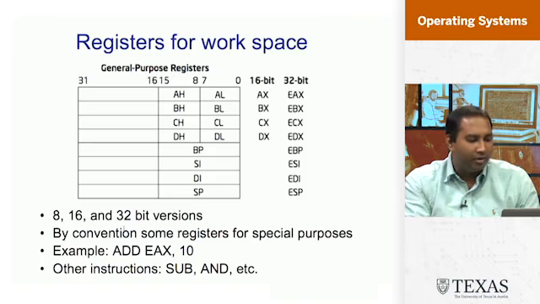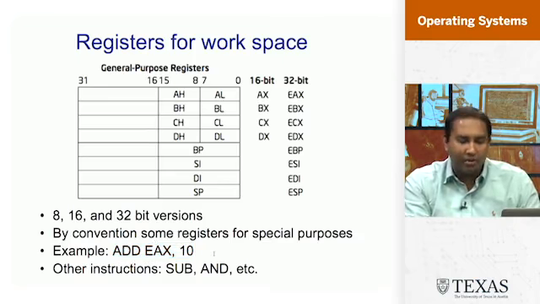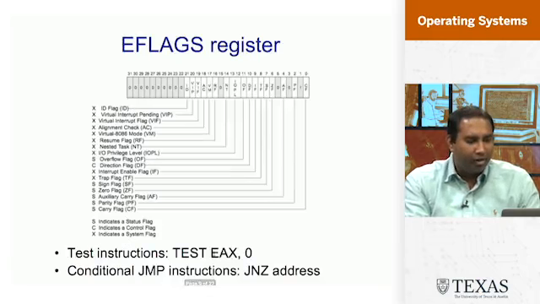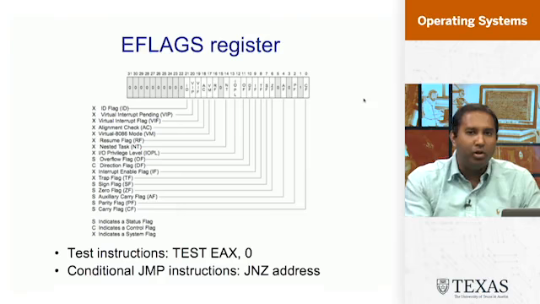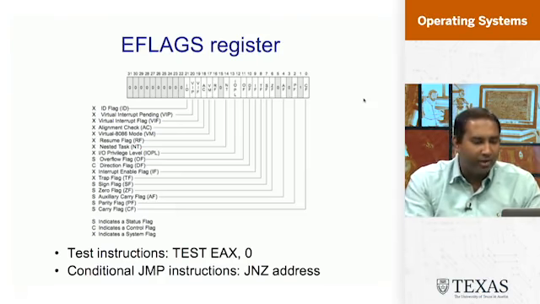For example, in this particular instruction, we have add EAX 10. What that instruction means is add 10 to whatever is in register EAX. You have other instructions like subtract and so on. There are a bunch of different registers, but in this course you don't have to go into a lot of detail. It is helpful, though, to understand that this is how the hardware is actually executing different things.